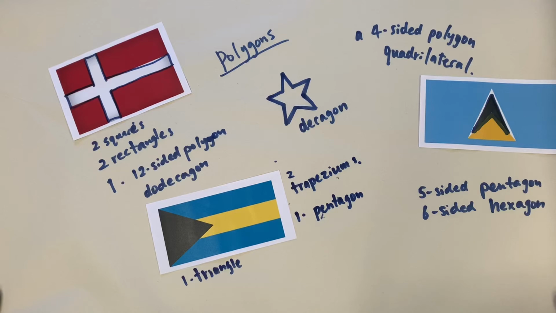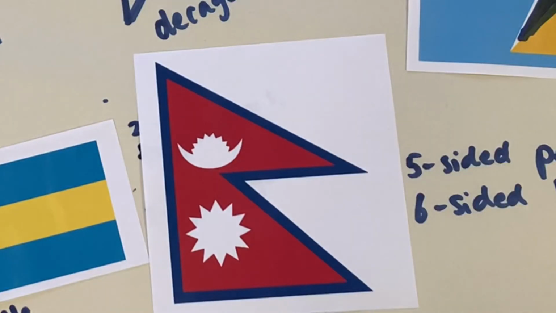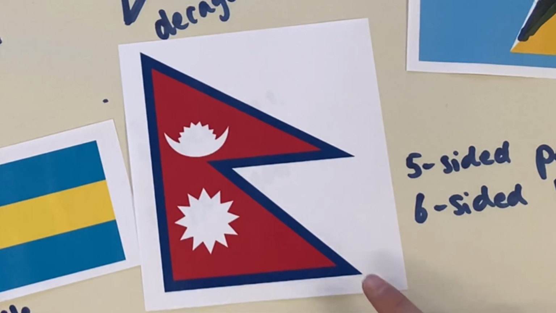Now, there are so many different types of flags, right? But the champion of the special shaped flag has to go to Nepal's flag. This is the flag from Nepal. Now, what shape is this? I'm going to pause the video, see if you can count the sides and tell me the shape.